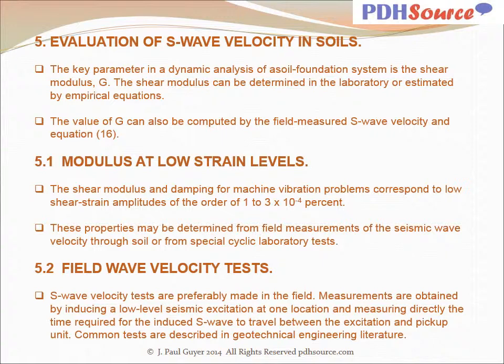These properties may be determined from field measurements of the seismic wave velocity through soil or from special cyclic laboratory tests. S-wave velocity tests are preferably made in the field. Measurements are obtained by inducing a low-level seismic excitation at one location and measuring directly the time required for the induced S-wave to travel between the excitation and pickup unit.